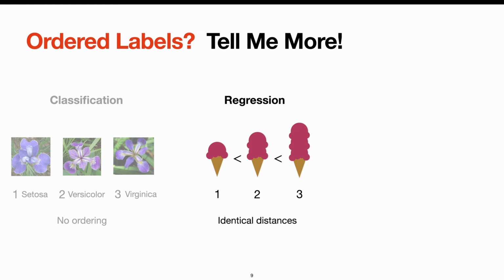Notice also that the distance between 1 and 2 ice cream scoops is the same as the distance between 2 and 3 ice cream scoops. We can also define, let's say, 1.5 or 2.5 or 2.75 ice cream scoops. So this is usually a continuous scale where we have identical distances between these intervals.